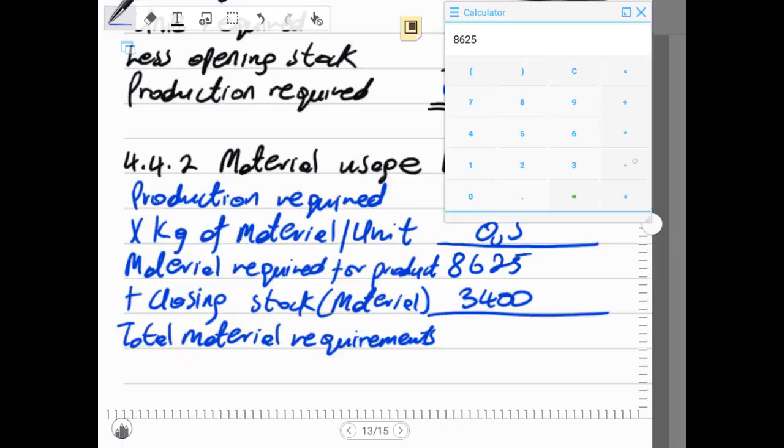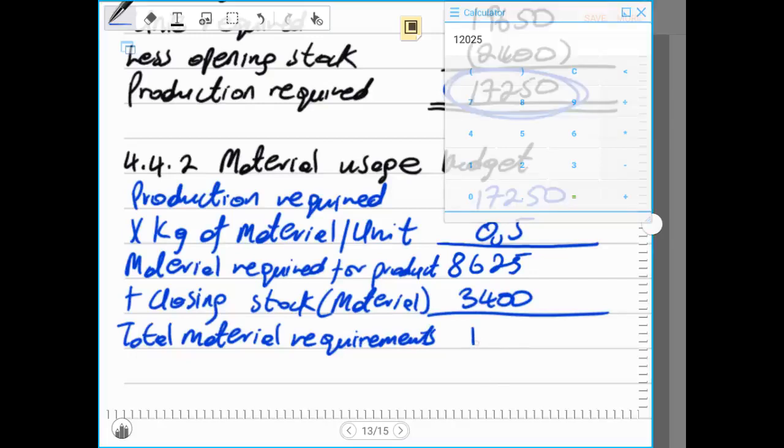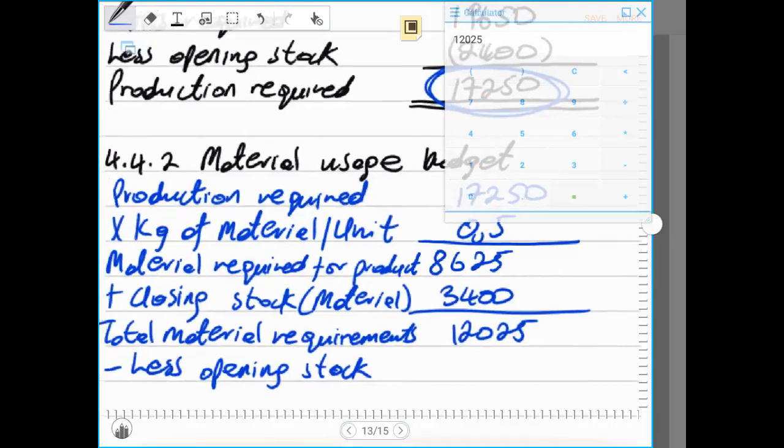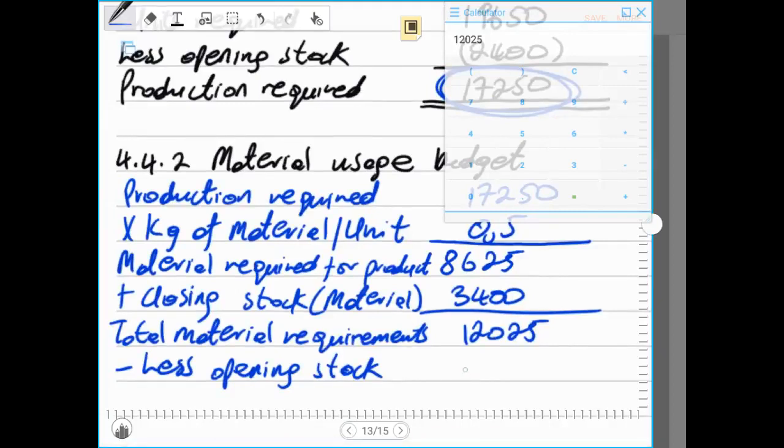Then it will be 8,625 plus 3,400, and this will be 12,025, and we less the opening stock because opening stock was there from last year. Less opening stock, and when we less the opening stock, we'll get to the material that is needed for production, the one that must be bought in the current year for production.